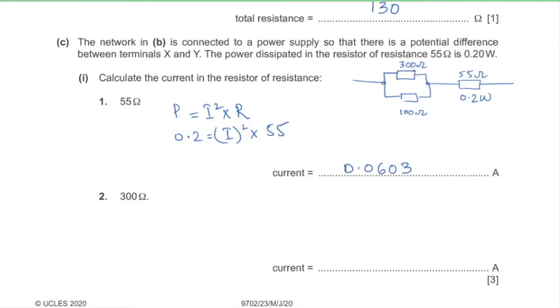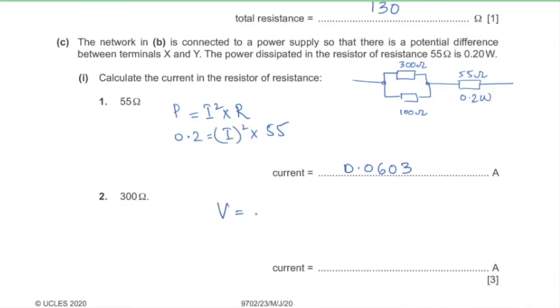Now calculate the current in the resistor of resistance 300 ohms. So this loop over here has a combined current of 0.0603 amperes too, because it's in series with this resistor of 55 ohms. So current across this should be equal to current across this whole loop. This also means that combined voltage of this loop is going to be the combined resistance of this parallel loop times the combined current.